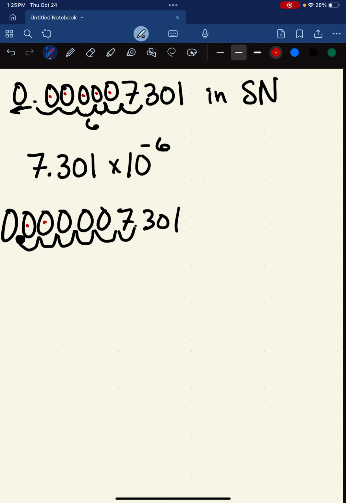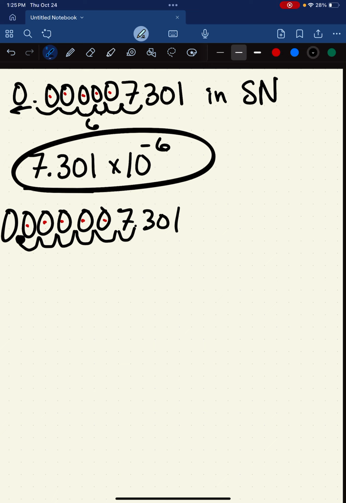Do we have the same number of zeros? We have 1, 2, 3, 4, 5. 1, 2, 3, 4, 5. Good. Same number. You can see that, especially once we get larger and larger, what I have circled here is way more compact than what our initial problem had. It looks a lot nicer too.